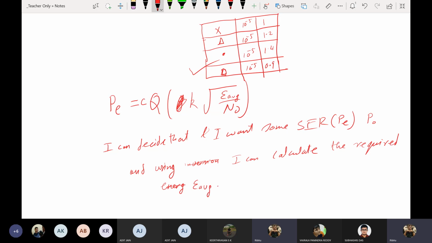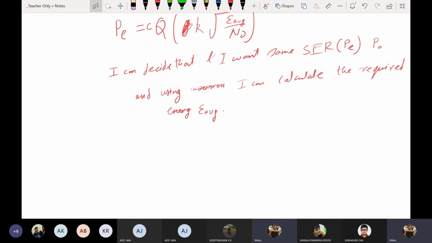So E average is always under my control. I can calculate the required E average. That is one approach. Another approach can be, I know my budget.